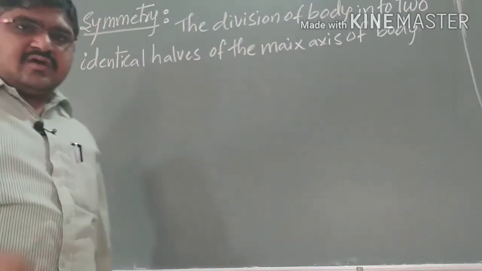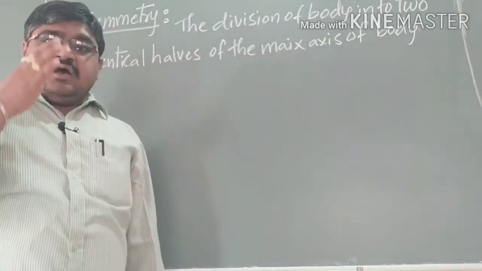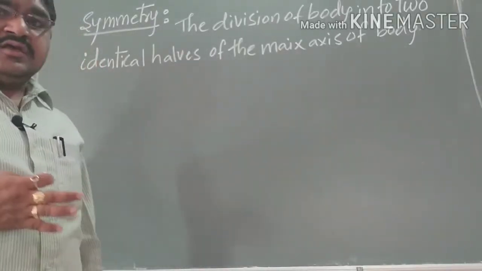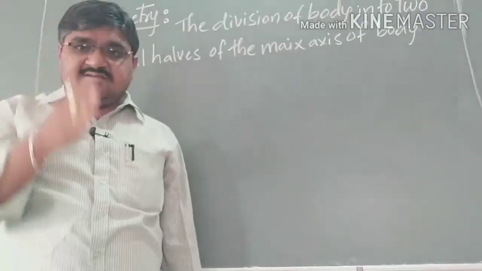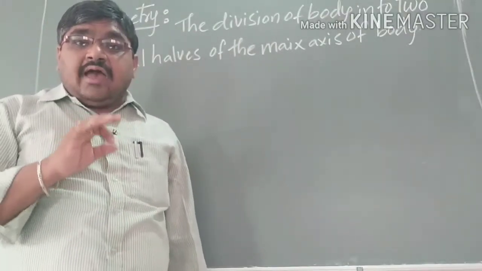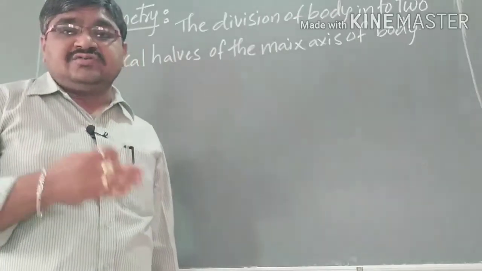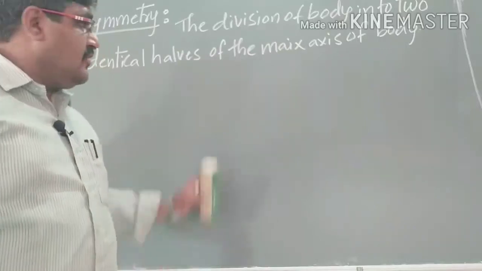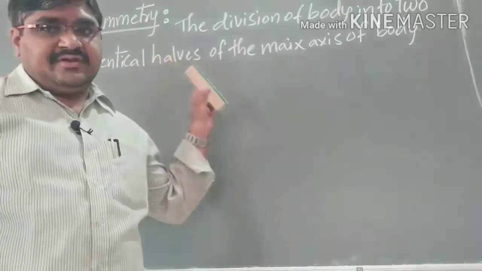That means when you cut the organism, that is cutting the body along the main axis, we have to produce two identical halves or two sides, the same parts. Then we can call this symmetry.